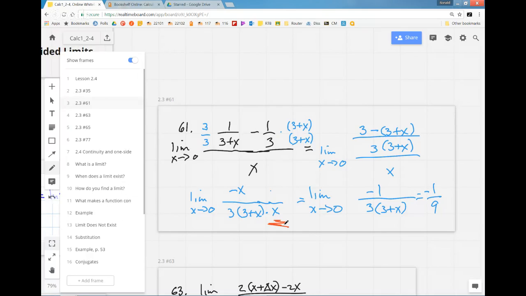All right. So anyway, now we can cancel the x's. And you have a -1 left on top and on the bottom. Now we can substitute. When x is 0, you get a 9 on the bottom, and your limit would be -1/9.